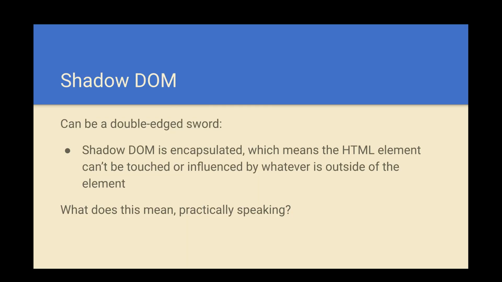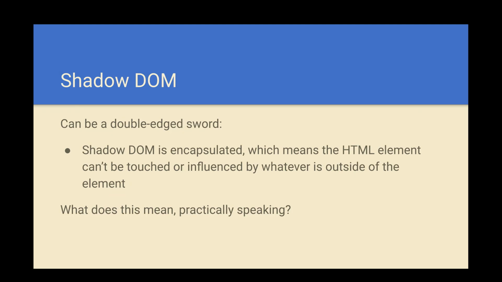So the shadow DOM can be a double-edged sword. The reason is that the shadow DOM is encapsulated, which means that the HTML element in the shadow DOM can't be touched or influenced by whatever is outside of it. So the shadow DOM elements can have their own styling, and it doesn't affect anything outside of the HTML element.